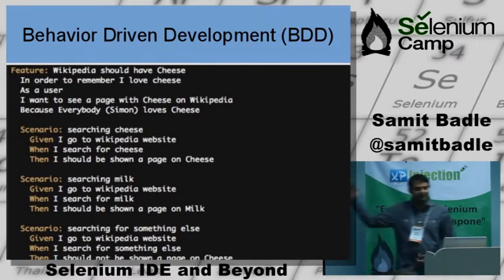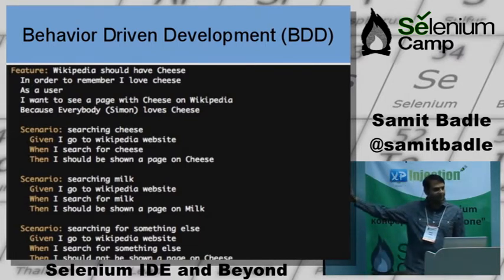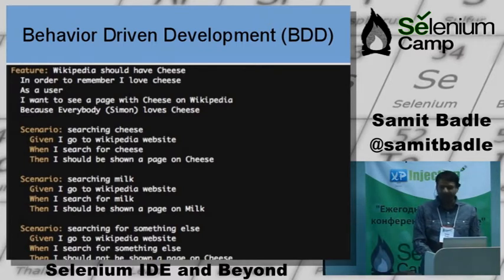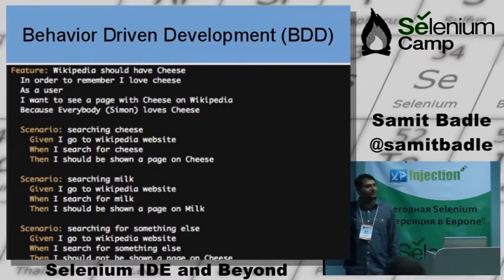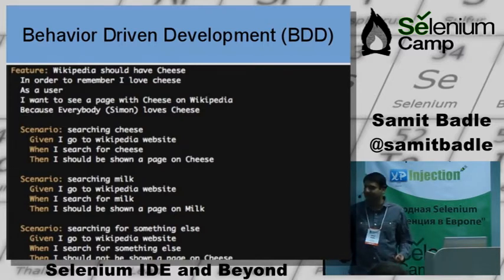So you have something like this, and I believe it's a lot more readable than this. The font helps. So what is the test doing? This is what the test is doing. Wikipedia should have cheese. Why should it have cheese? It's tasty.